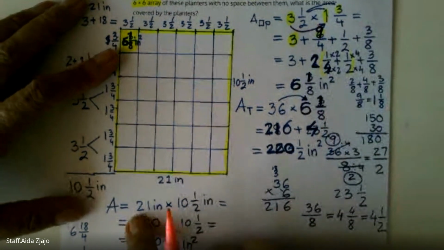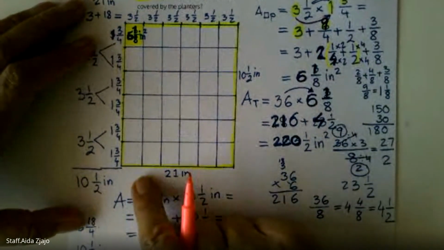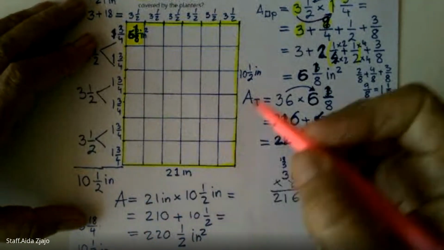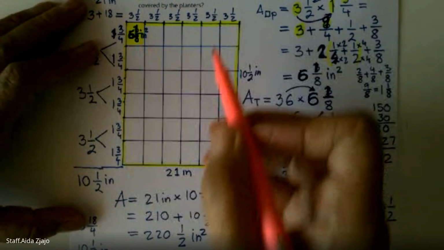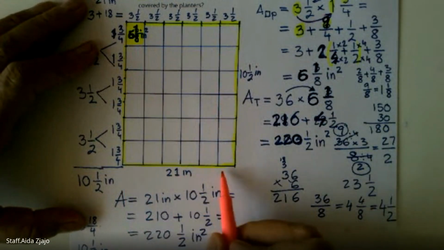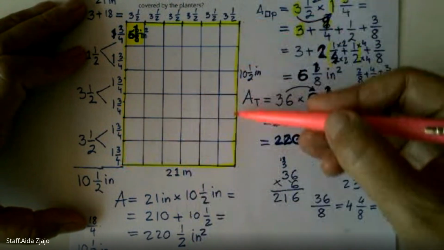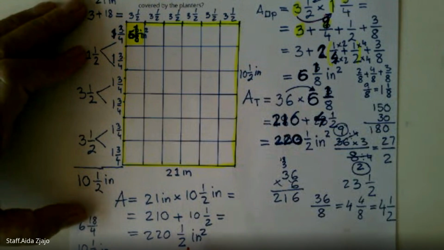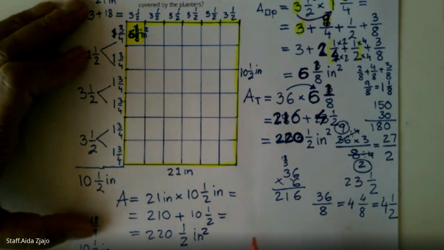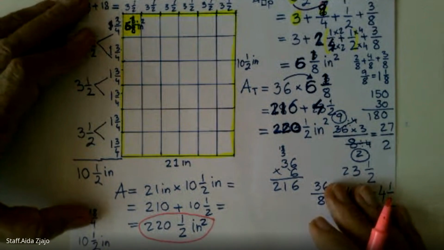But when I checked with the other strategy, if I add all this and find that that is 21 inches, and then this length is 10.5 inches, then I multiply those, and my answer was 220 and a half square inches.